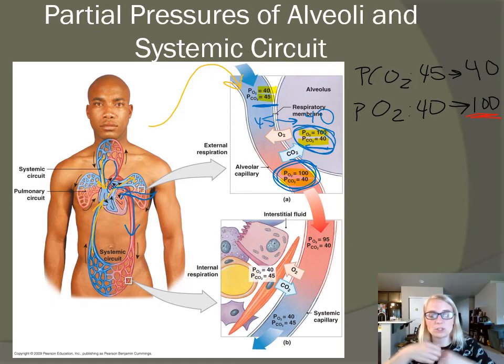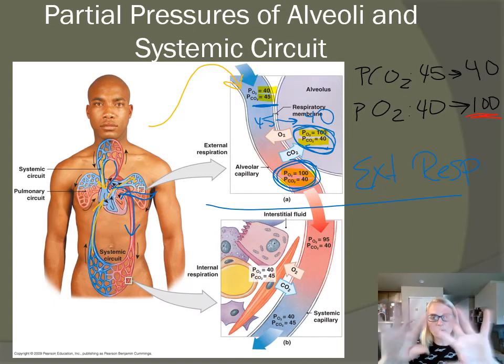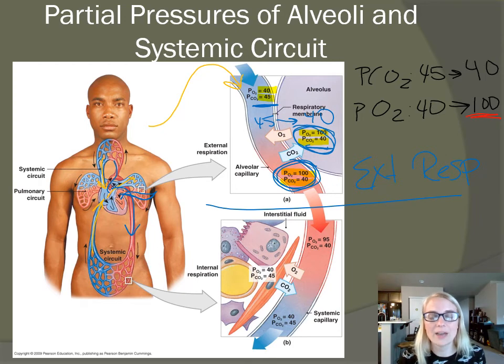From your lungs back to your heart, bringing in the highly oxygenated blood and going back out to the body. And so everything we've just talked about, that top part with all my squiggles all over it, is external respiration. So that is our concept of external respiration, the gas exchange that happens in the capillary beds.